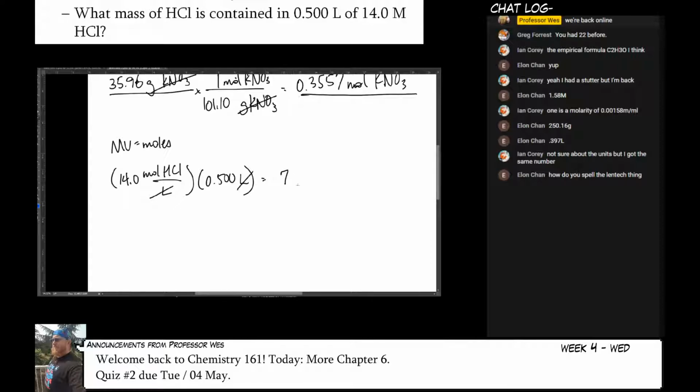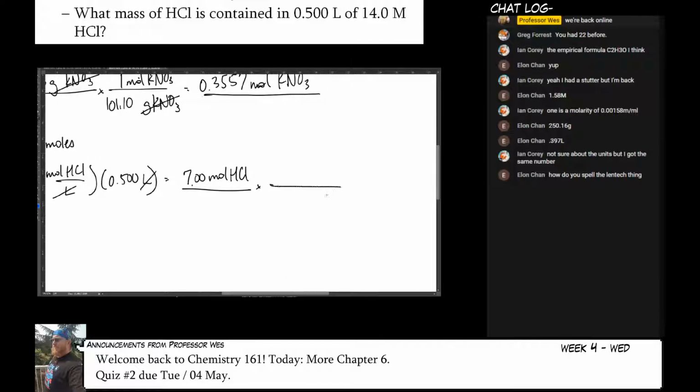So that would be what? 7 moles HCl. And we'll just turn that into a mass. And I believe it's that. And I get 255 grams HCl.